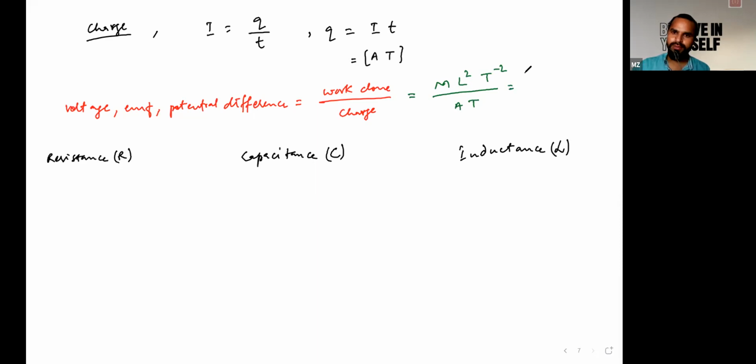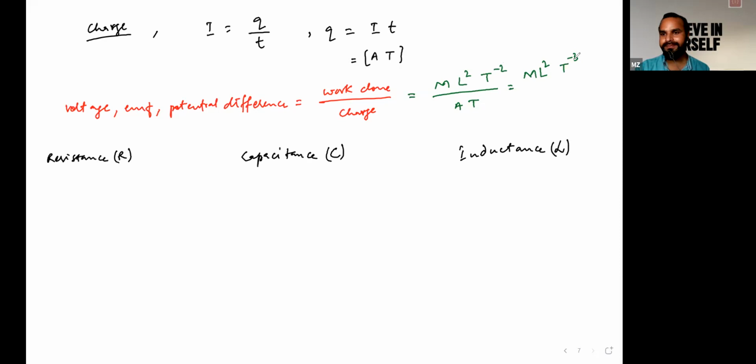There is no M other than this, so we write M. Similarly, it would be L². We have T raised to the power plus 1 in the denominator. On bringing it to the numerator, its power becomes minus 1. And we already have minus 2 in the numerator, so in total it becomes minus 3.